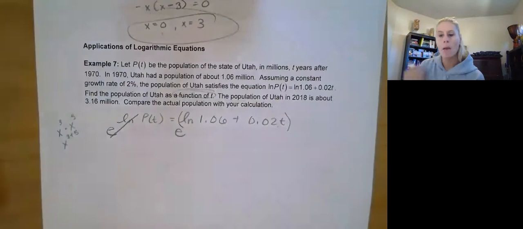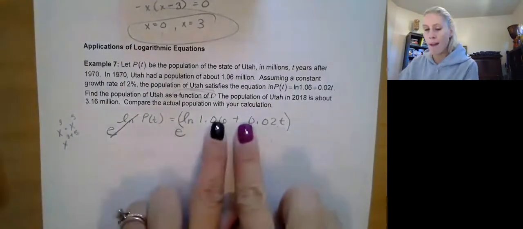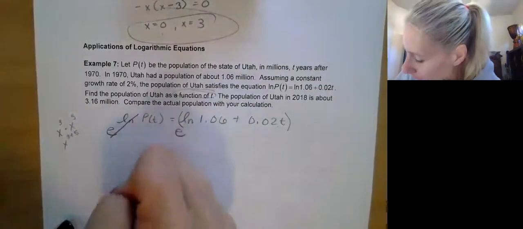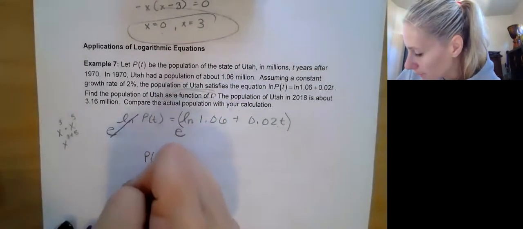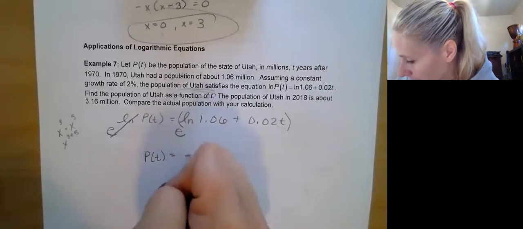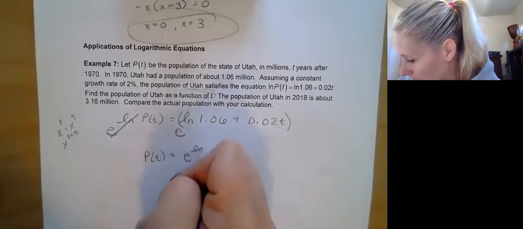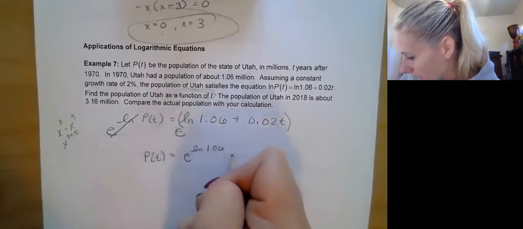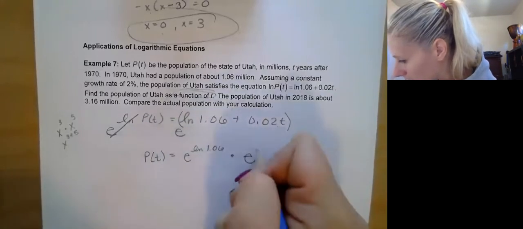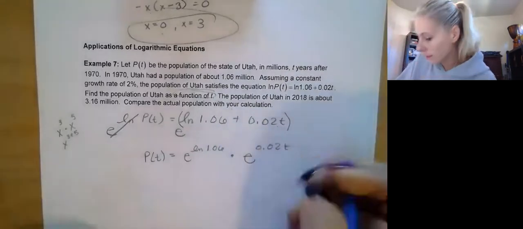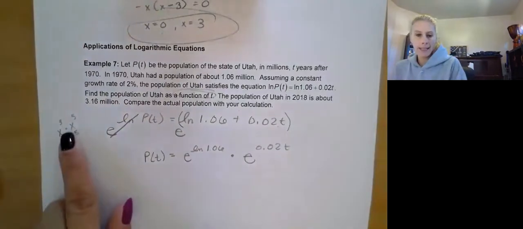Okay, see that? But we are going backwards. We have an addition, so we're going to split it. This allows me to keep P of T by itself. Okay, so we get e to the ln of 1.06 times e to the 0.02 t. See, now I separated it into multiplication.